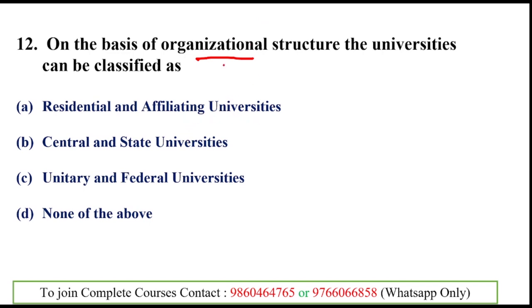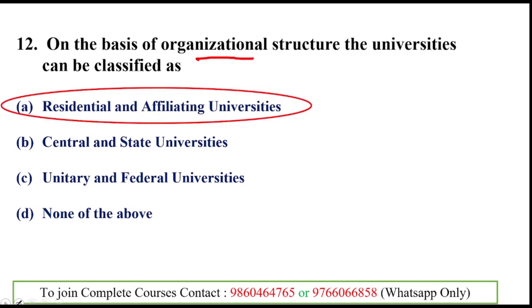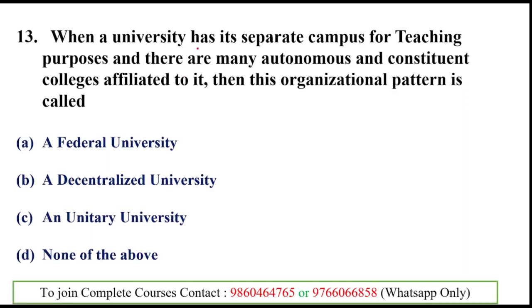So for organizational structure, the universities are classified as residential and affiliating. Clear? Then next, when a university has its separate campus for teaching purpose and there are many autonomous and constituent colleges affiliated to it, then this organizational pattern is called.